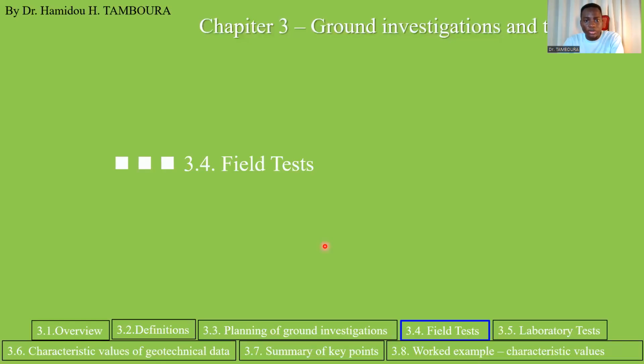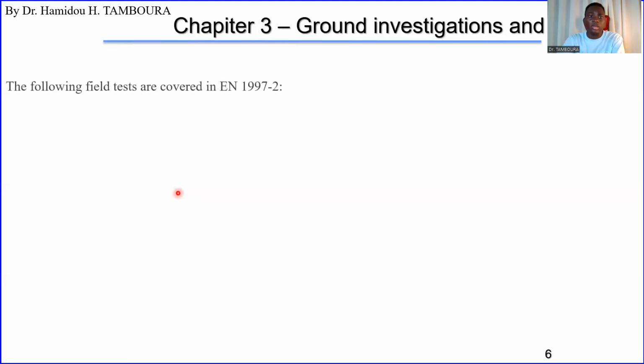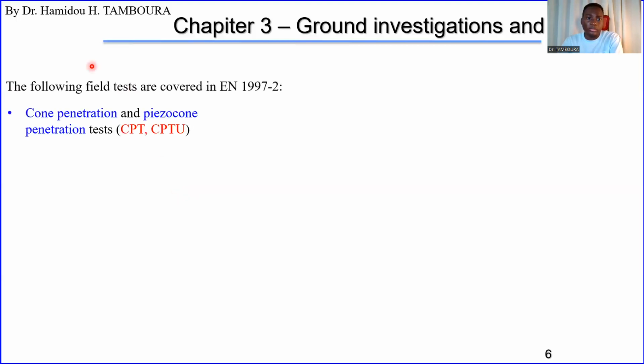So let's go with the field testing first. Field test. What is Eurocode saying about the field test? The following field tests are covered in the second part of Eurocode 7. Okay, the cone penetration test.